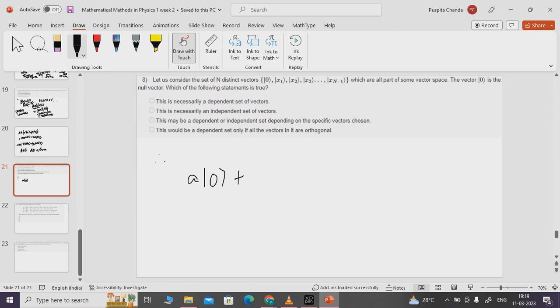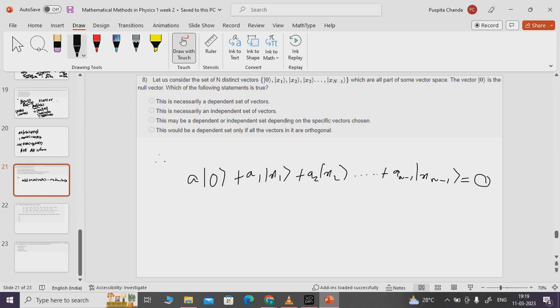So let us check a0 + a1 x1 + a2 x2 and so on up to a(n-1) x(n-1) equal to 0.